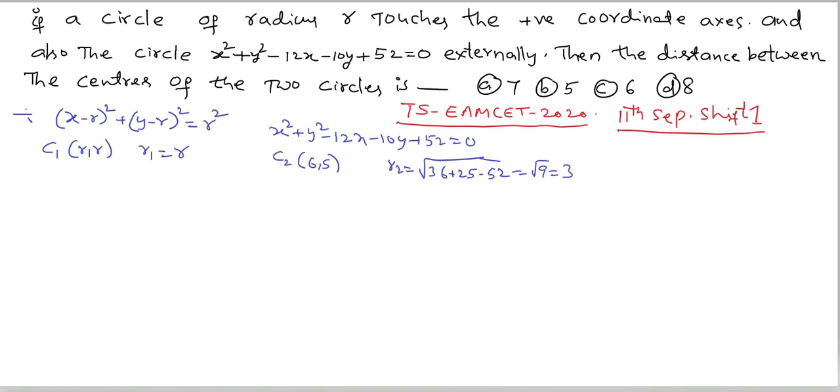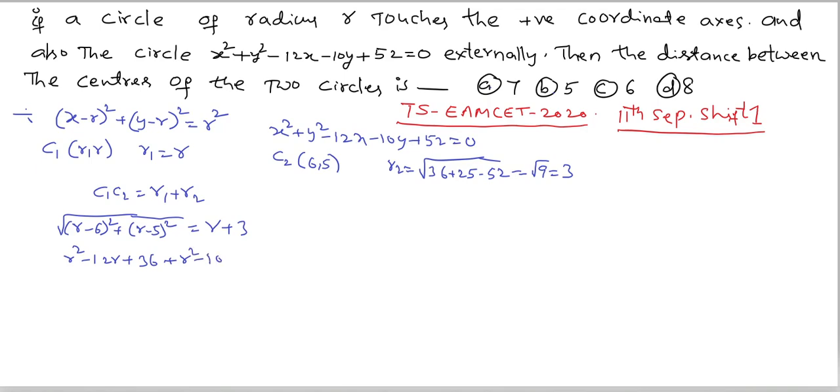Given these two circles touch each other externally, C1C2 is equal to R1 plus R2. C1C2 is the root of (r minus 6) square plus (r minus 5) whole square, equal to R1 plus R2, that is r plus 3. Squaring on both sides, that is r square minus 12r plus 36 plus r square minus 10r plus 25 is equal to (r plus 3) whole square, that is r square plus 6r plus 9.